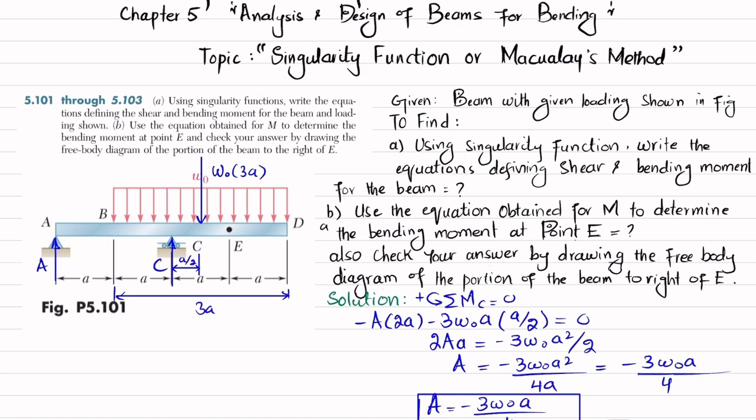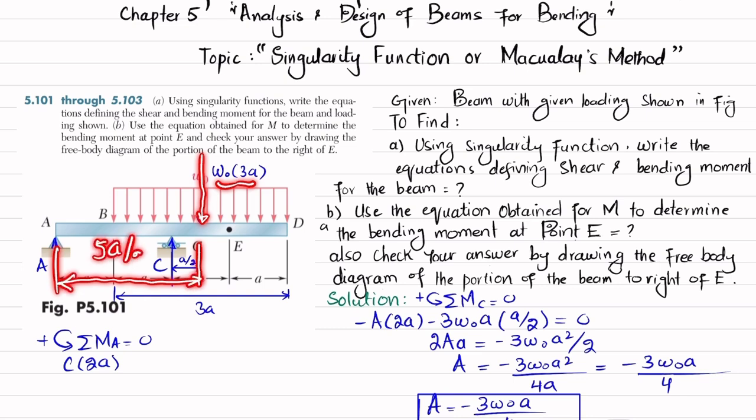Now we'll find this C y by using another equation of equilibrium, that is the sum of all moments about point A is equal to 0, taking the counterclockwise moment as positive. So about point A, the first moment is due to this force C, and the perpendicular distance is 2a, and this is producing a counterclockwise moment, so it is positive. So we can write C multiplied by 2a. The second moment is produced due to this W naught into 3a force, and now the perpendicular distance is 2a plus a by 2, which is equal to 5a by 2.